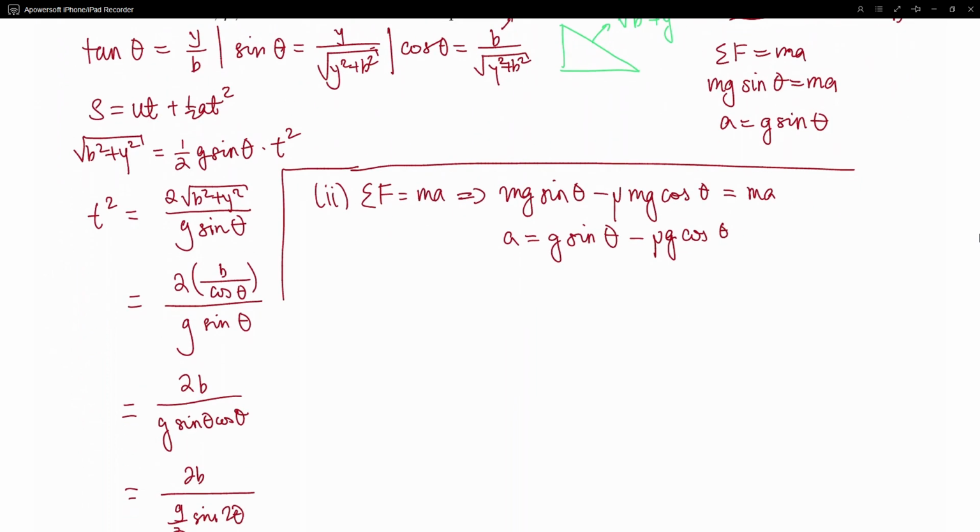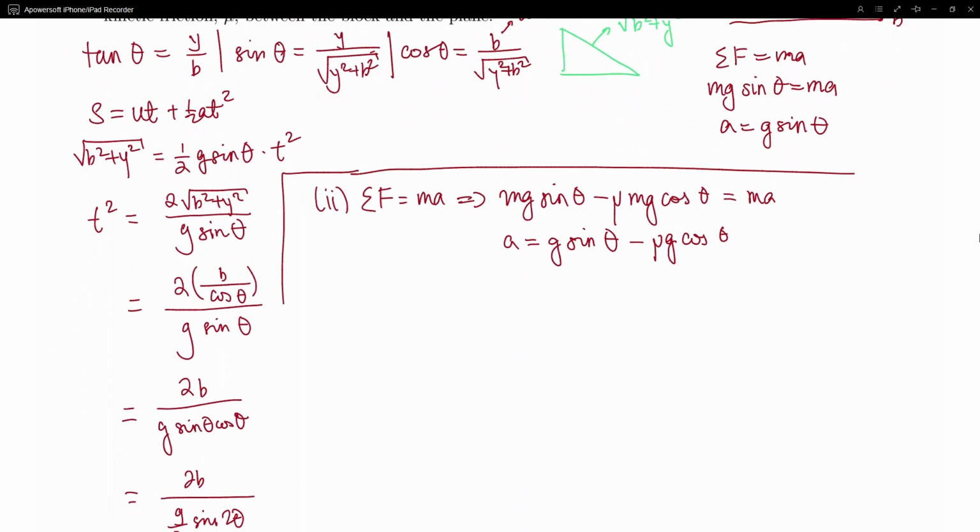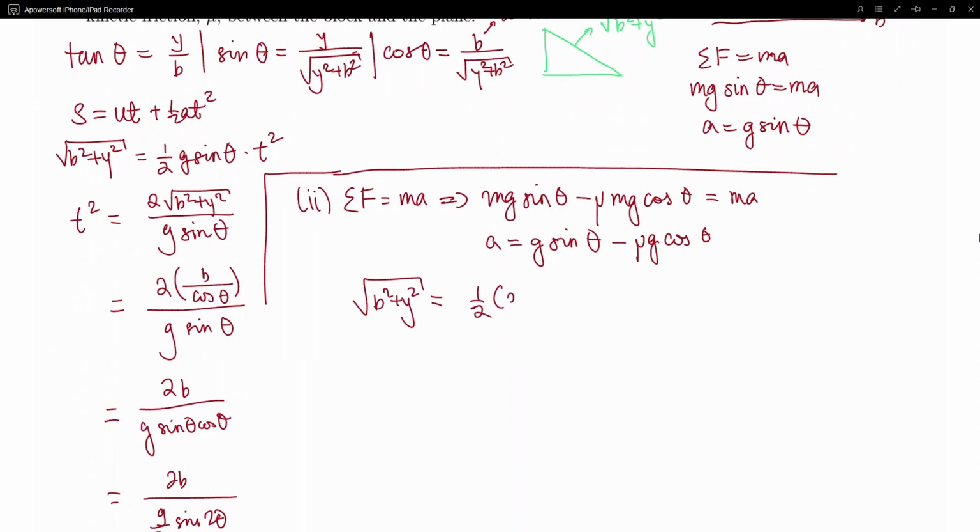Of course, my suvat is going to be a bit more complicated now. So S is still the same: you see that b squared plus y squared is going to be half a t squared.